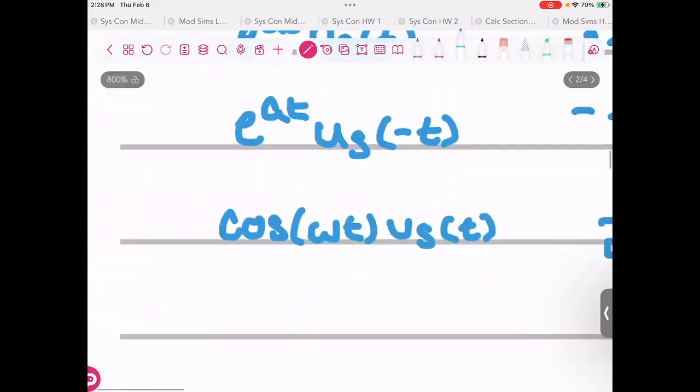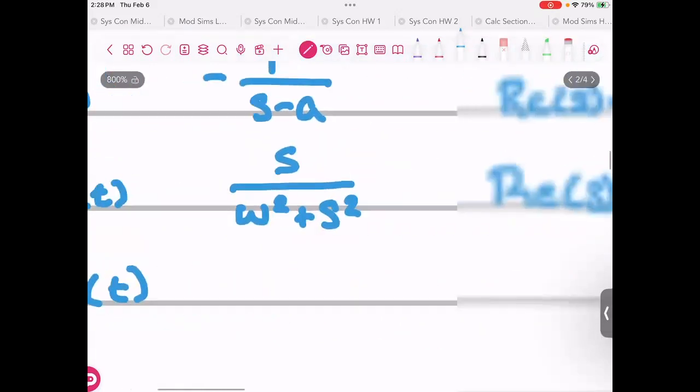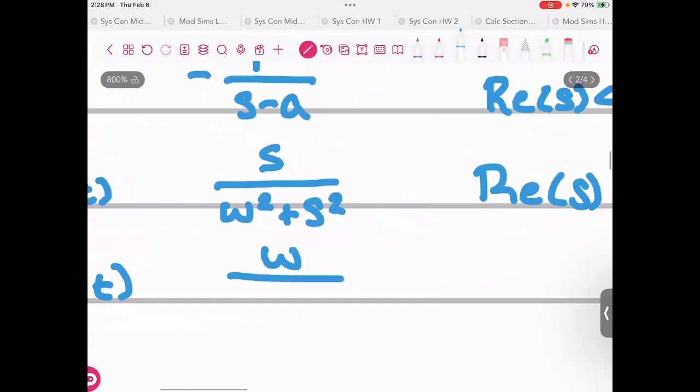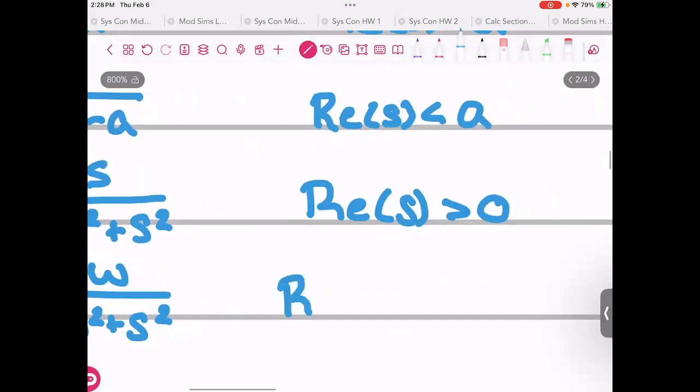Then we have sine of omega t, and we can't forget our unit step, which becomes omega over omega squared plus s squared, and it also converges when the real value of s is greater than 0.